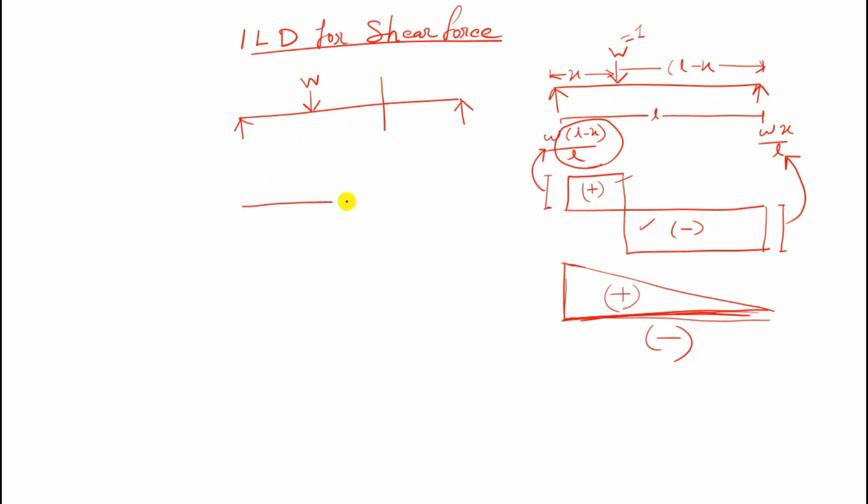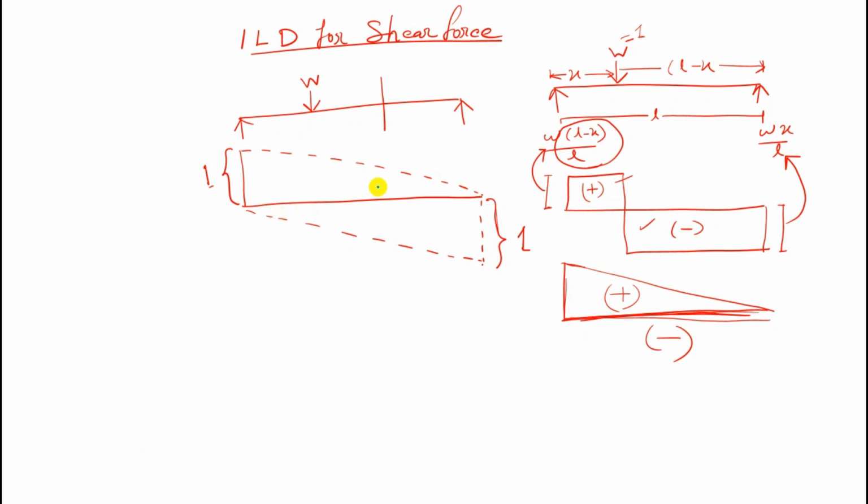So this is actually the influence line diagram for shear force. This is the positive part and this is the negative part, and this value will be 1 and this height will be 1.